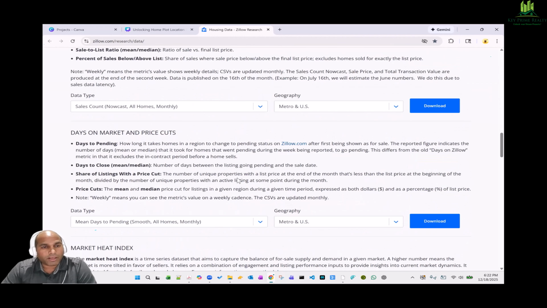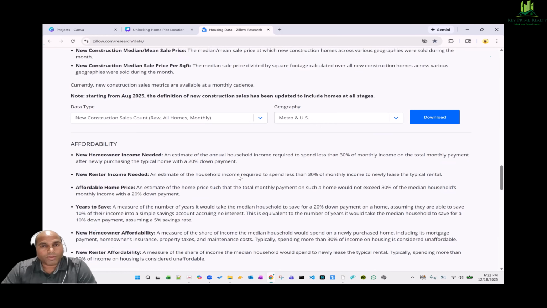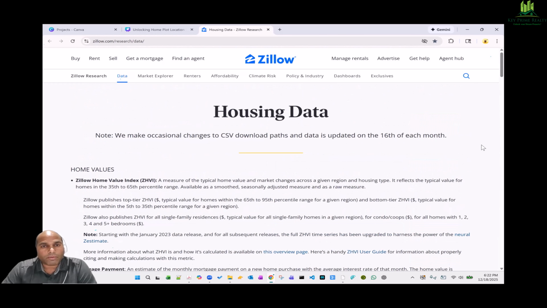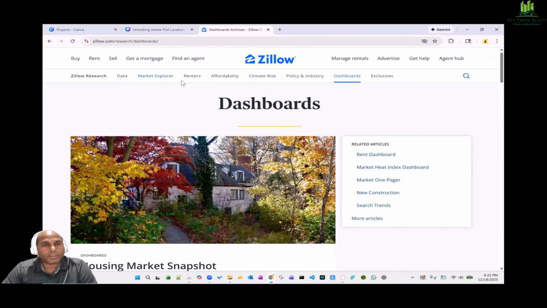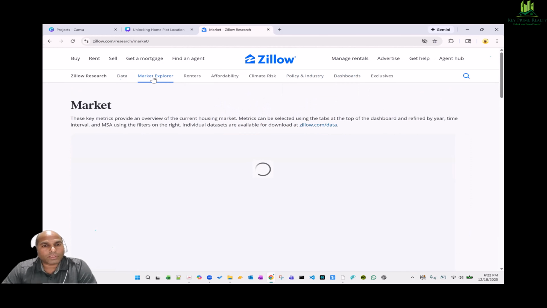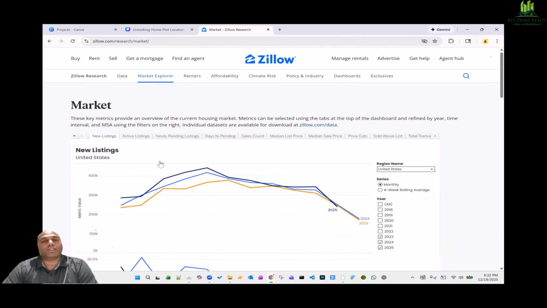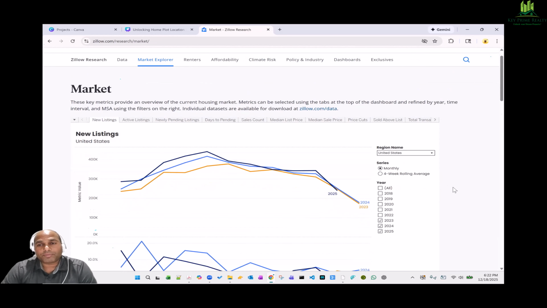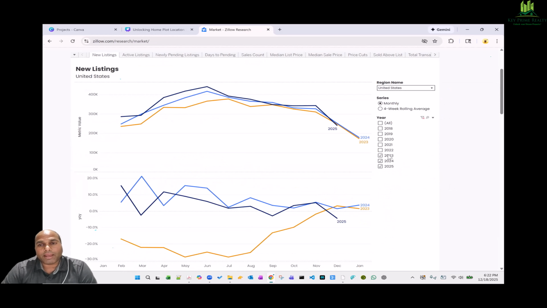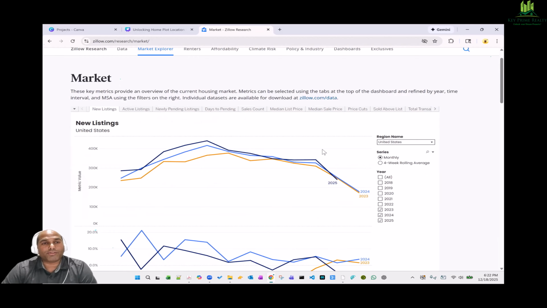Those are the dashboards. They have their own visualization. As you can see, it's slightly more detailed, and we have the data going back to previous years too. So I think this is a pretty useful data visualization from Zillow.